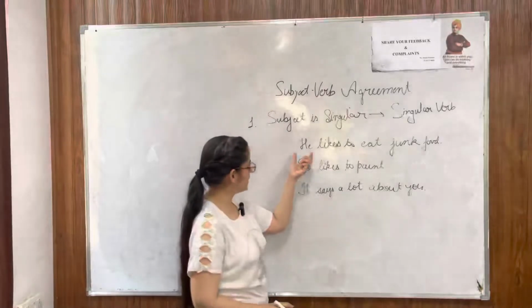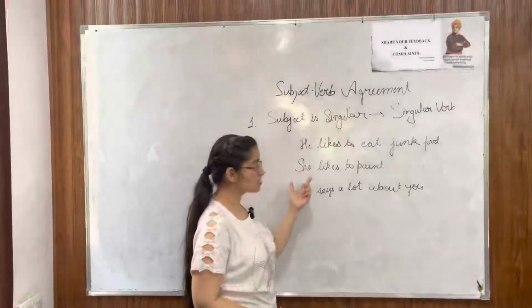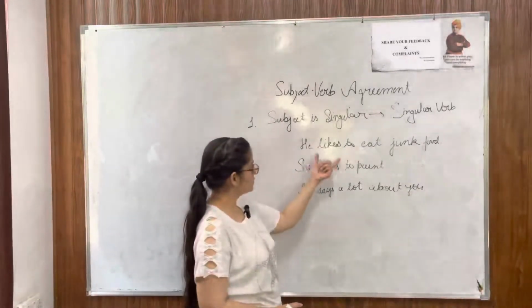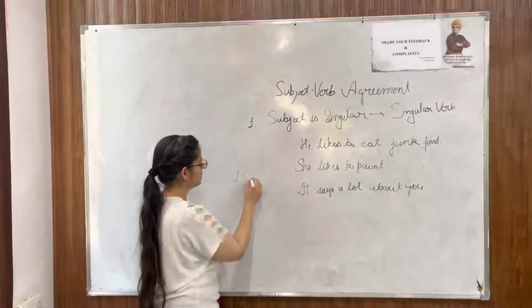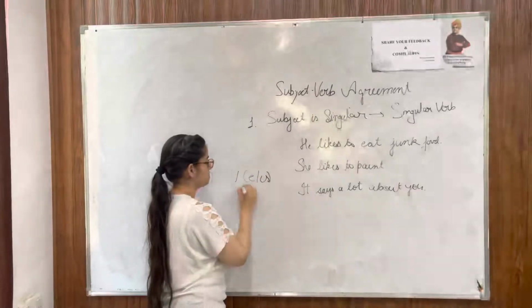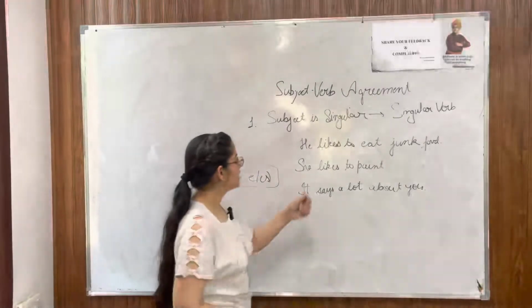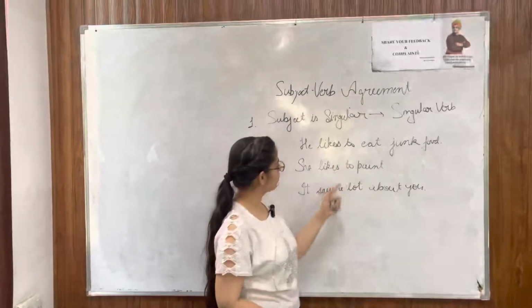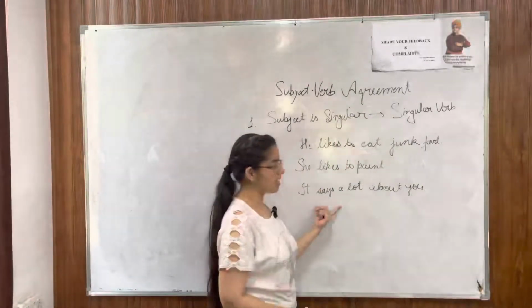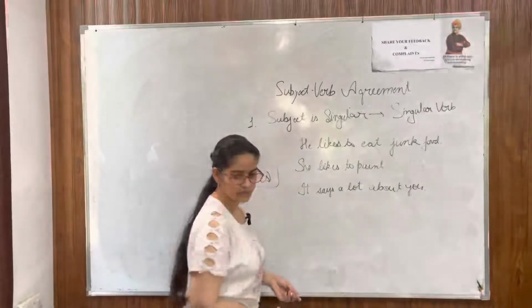So our subjects he, she, it are singular, and according to that we have verbs like likes. Because with singular, the verb has to be with s or es. So this is what we have applied here. So he likes, she likes, it says.